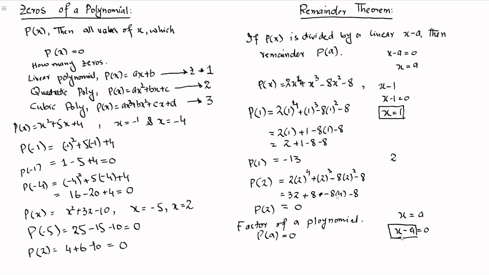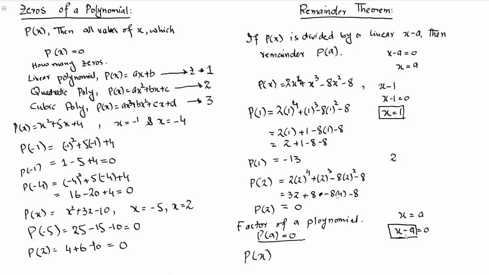Now we have a linear polynomial x minus a that will completely divide a polynomial p of x, then x minus a is a factor of that polynomial. Or in other words, we can say that if x minus a is equal to 0 and x is equal to a, and the value a results in the polynomial being 0, then x minus a is called a factor of the polynomial.